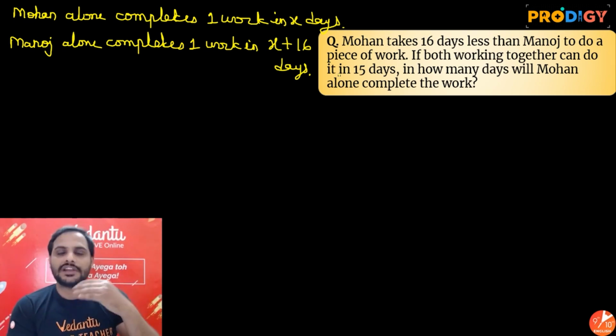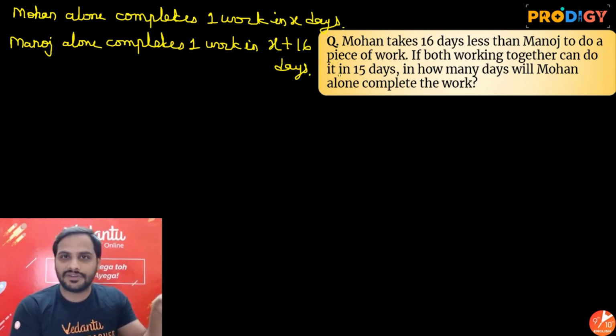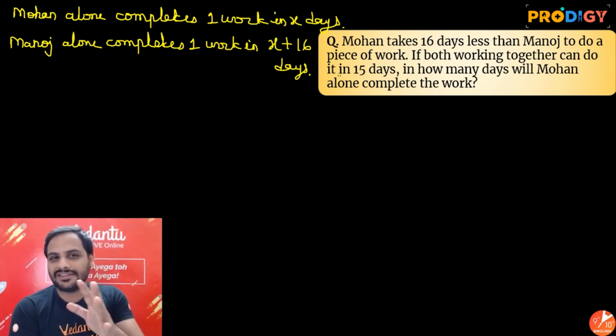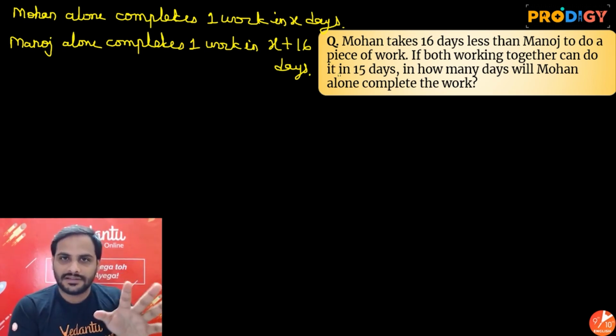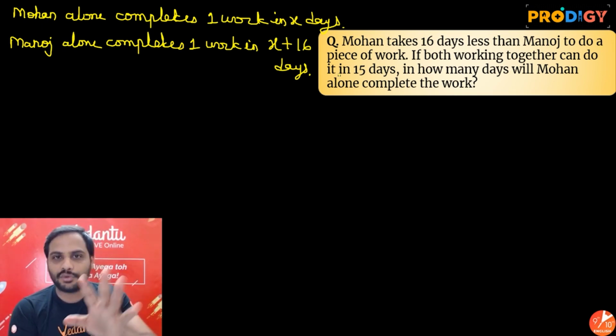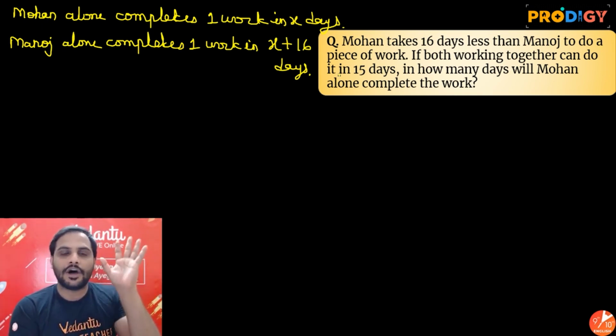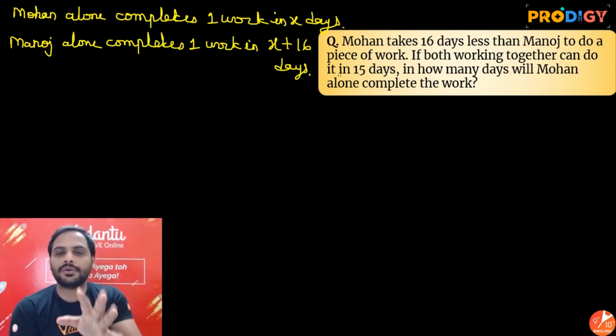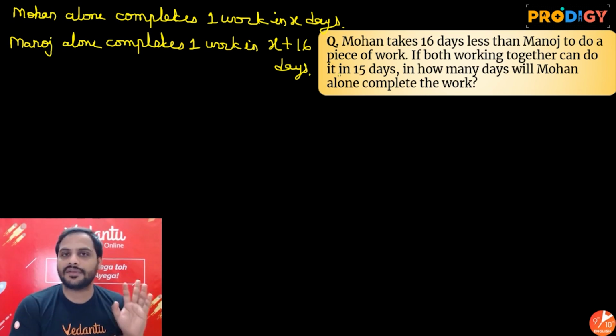Only your equation and the value of x will be different, because if you take Manoj's number of days as x, x will represent Manoj's quantity. If I take Mohan's number of days as x, it will represent Mohan's quantity. So the value of x might change in both methods, but how many days Mohan is taking and how many days Manoj is taking is going to be exactly the same.